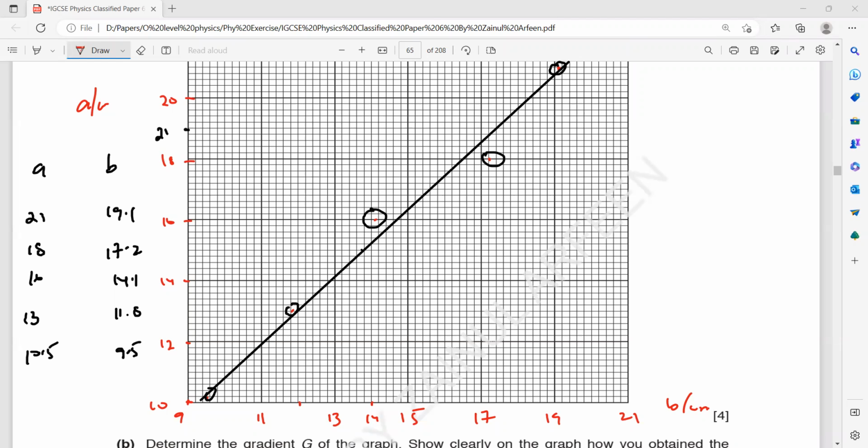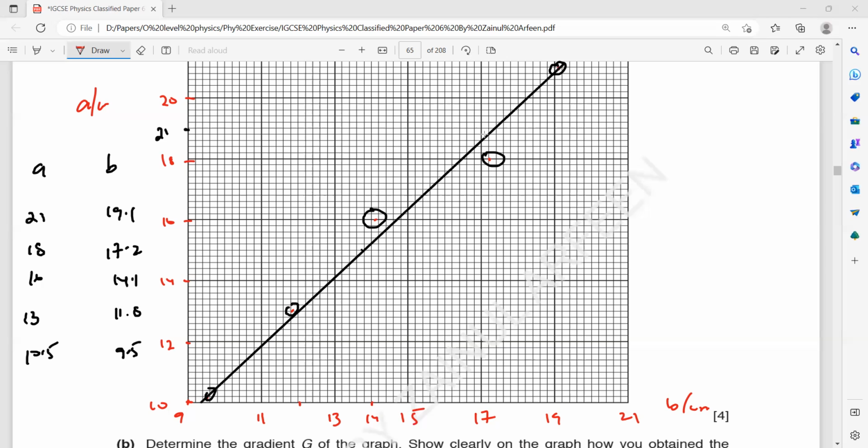The line of best fit means the number of points above and below should be the same. If I join the points by freehand, that is wrong. So I have to draw a line of best fit. After marking the points, we try to draw a line with an equal distribution of points above and below.